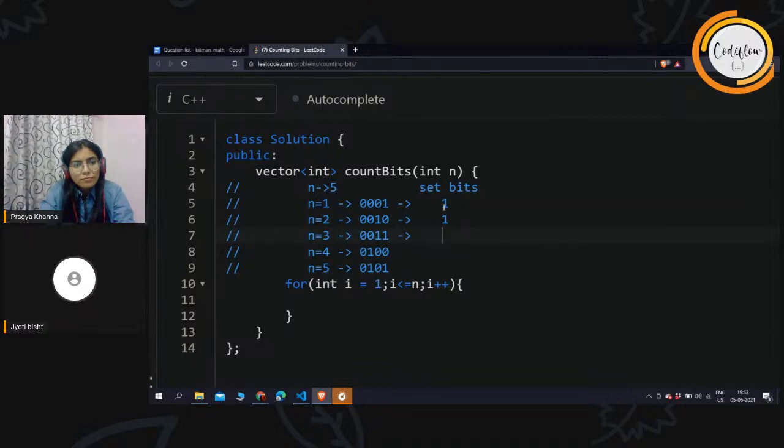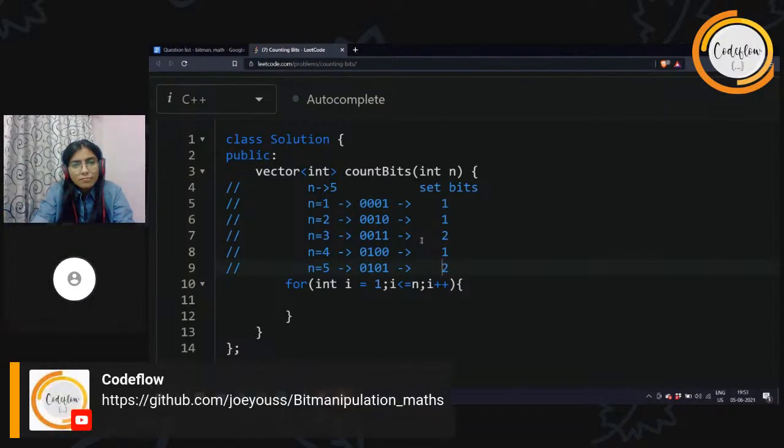Then it has two. Then it has one, two, right? Is this making sense? Do you understand the question now?